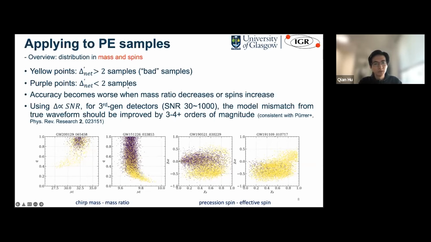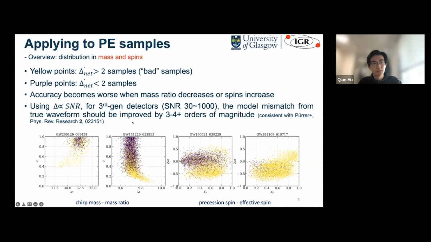And using the property that the waveform difference is proportional to SNR, and comparing our current SNR and the future third generation detectors' SNR, we can make predictions for the future waveform accuracy requirements, which show the mismatch between the model and the real waveform should be improved by at least 3 orders of magnitude.